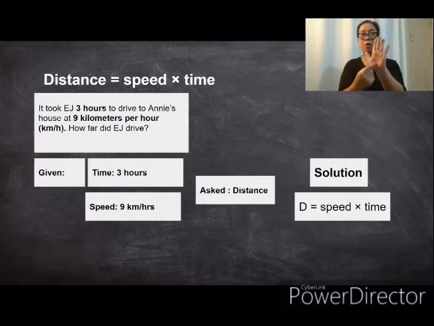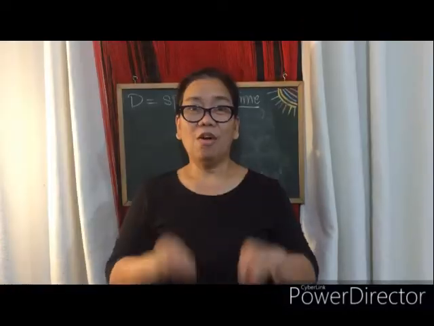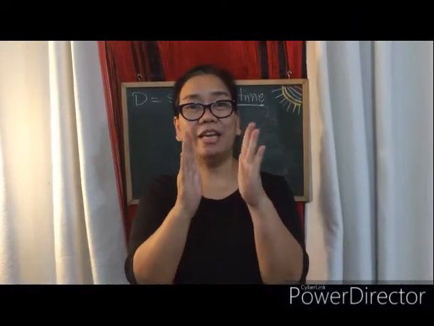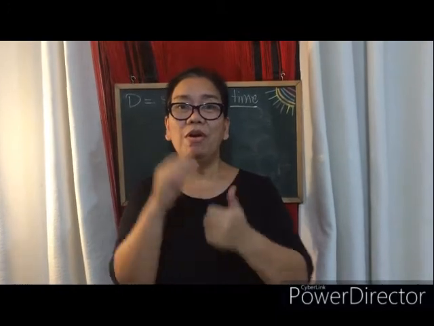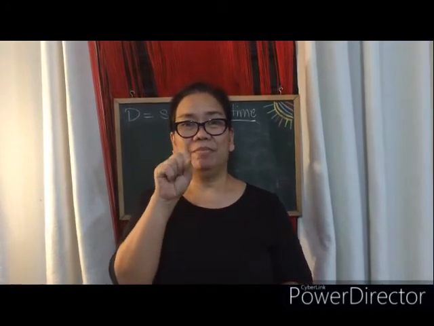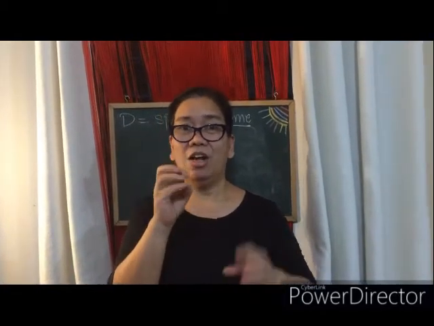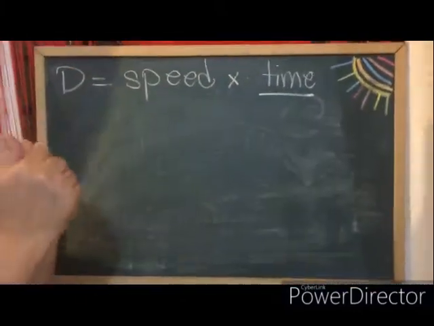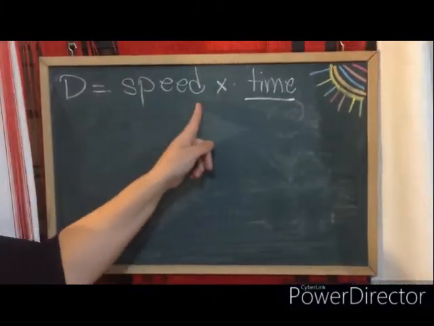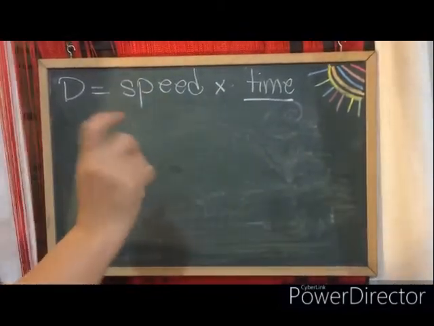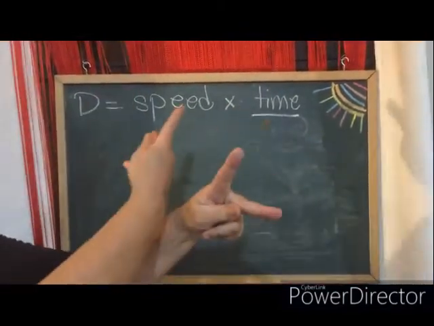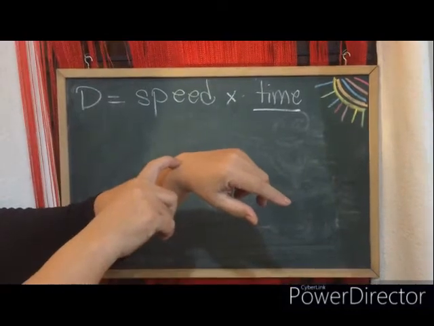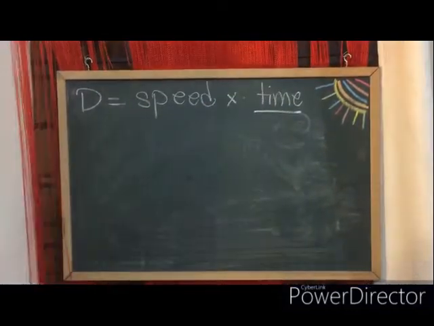I'm going to show you how to find the distance. So, D is for distance. This is for the speed times the time. Okay?